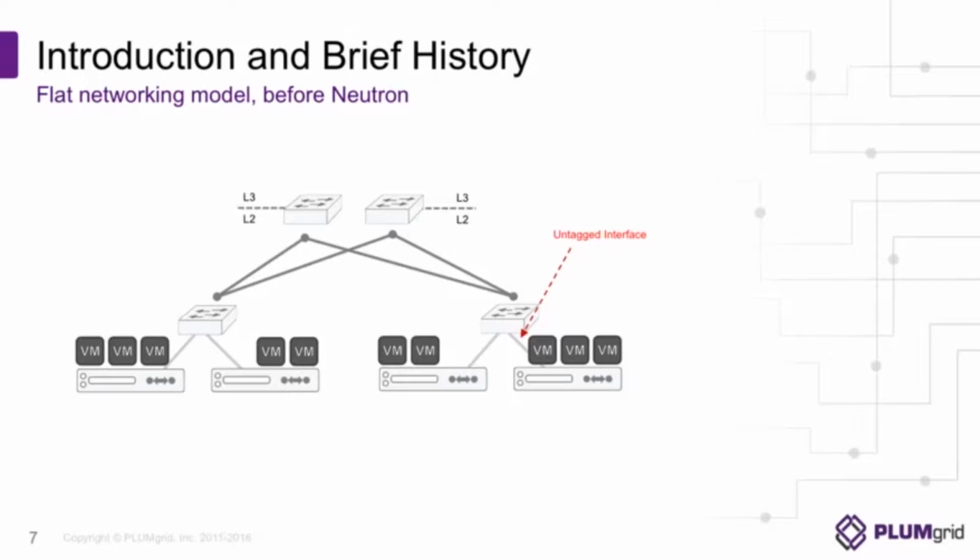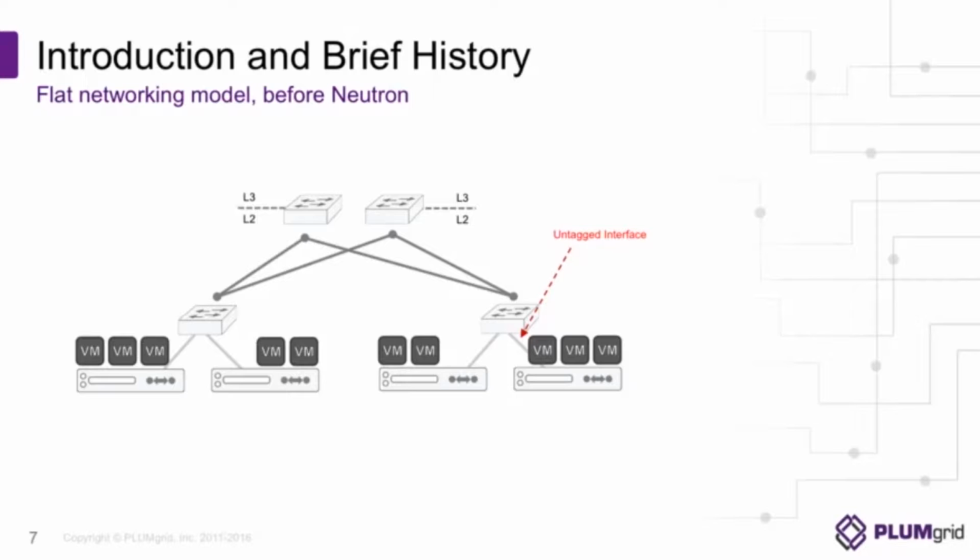Neutron was introduced, starting with the release, and it was designed from the ground up. It was designed to offer modularity and to be basically an abstraction layer on top of different networking backends.